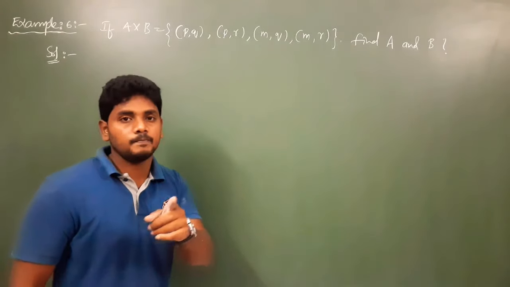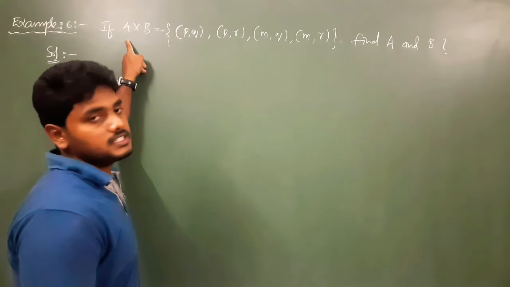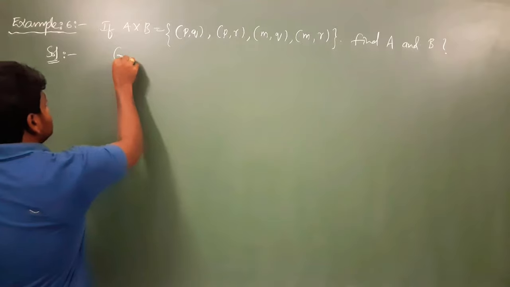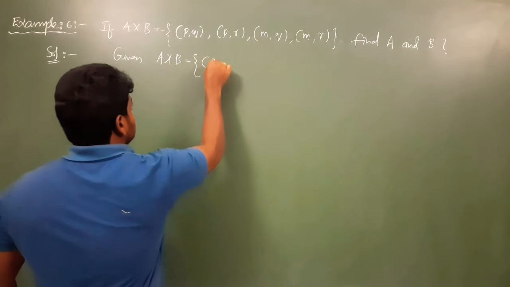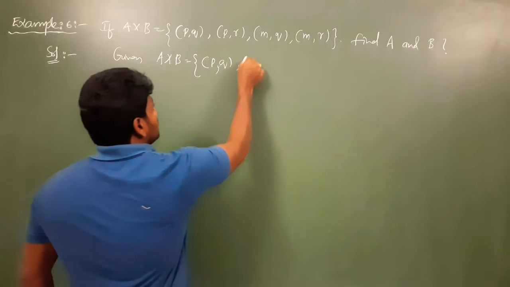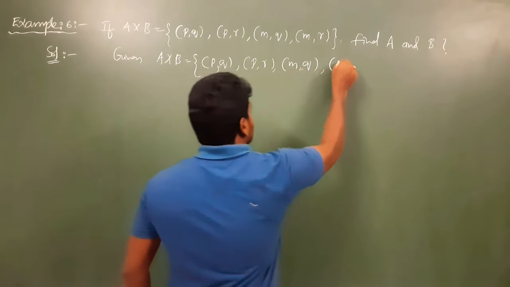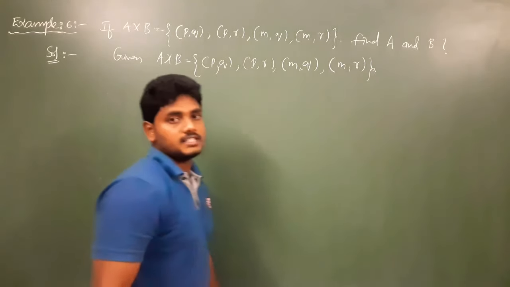As you know, in ordered pairs, the first element belongs to the first set. So what is given? A cross B is equal to (P, Q), (P, R), (M, Q), (M, R). This is the given Cartesian product.